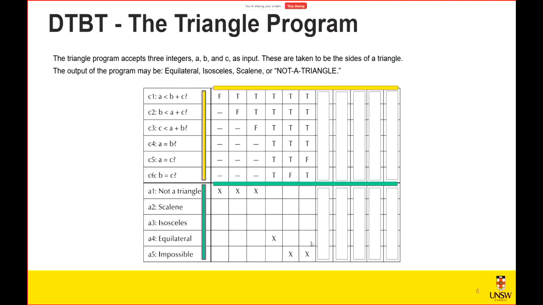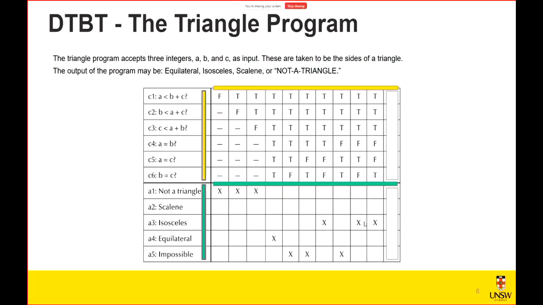Similarly, if we just turn one of these values to be false, it is an impossible case. And if two conditions from C4 to C6 are false, then it is isosceles. And if all of them are false, then it's scalene.